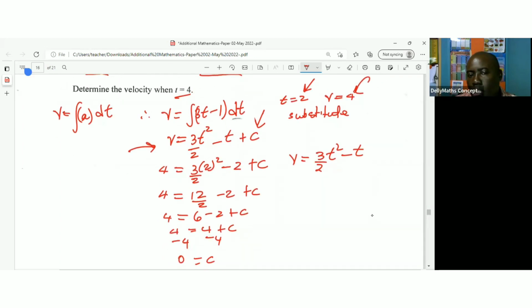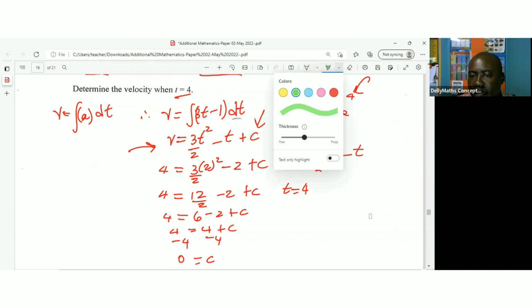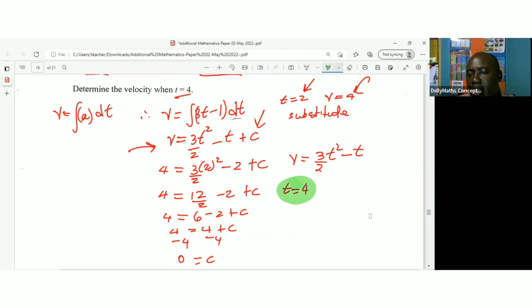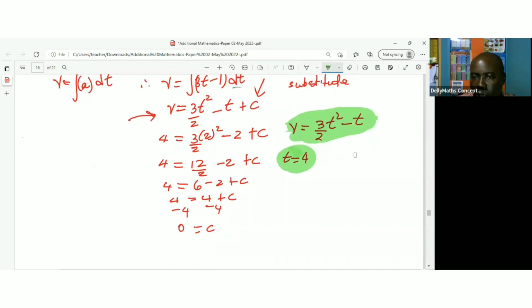Now, what we want to know is the velocity where t is equal to 4. So when t is equal to 4, I can find my velocity. Let us do that right below it.